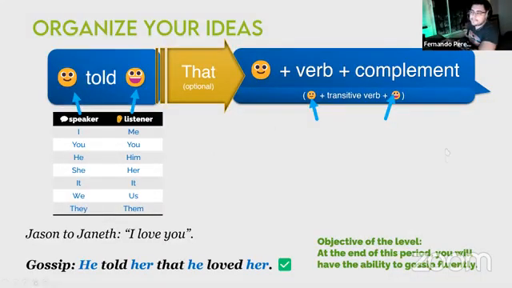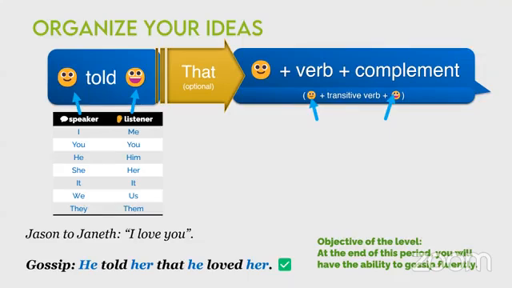When you say one person told another person that, you connect a complete idea. Person, verb, complement is the standard components of an idea.